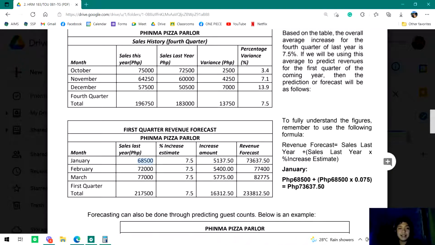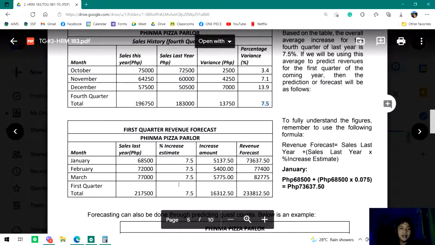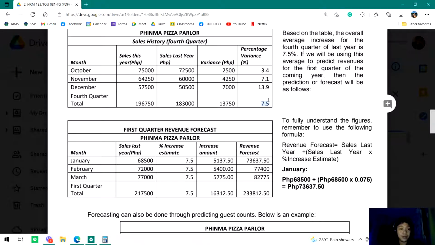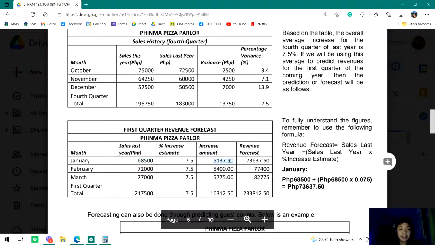Ang increase is 7.5 according to our percentage variance last fourth quarter for the last year. Now, for the first quarter naman, since gagamitin natin yung percentage variance na yun to forecast revenue, this is 7.5. So you have to multiply 7.5 here, sales last year, to get the increase amount.